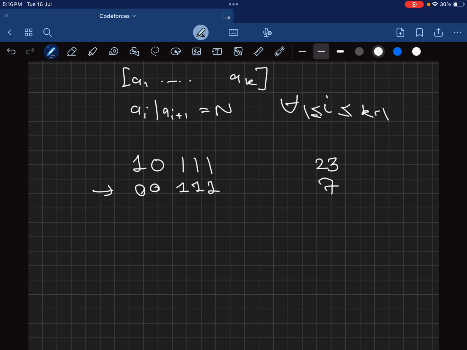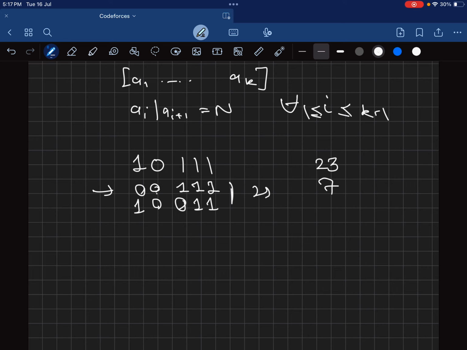Now the next number that you choose should have this bit set to 1. Definitely this bit cannot be set to 1, so this will be 0. And now we have the option to make this bit either 0 or 1. If we choose this bit to be 0 and the other two to be ones, then the OR of these two numbers will equal 23.